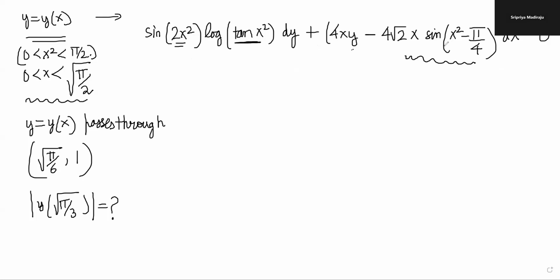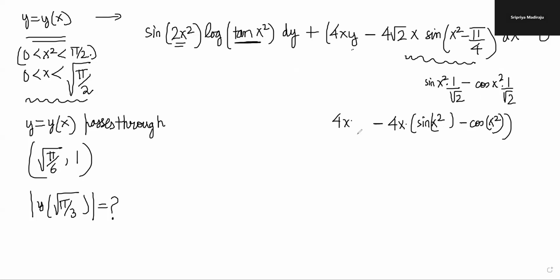We'll say this is going to be sine of x square into 1 over root 2 minus cos of x square into 1 over root 2. The 1 over root 2 will get cancelled and you have minus 4x sine of x square minus cos of x square.